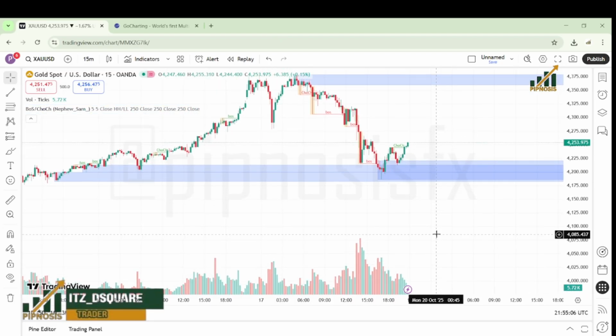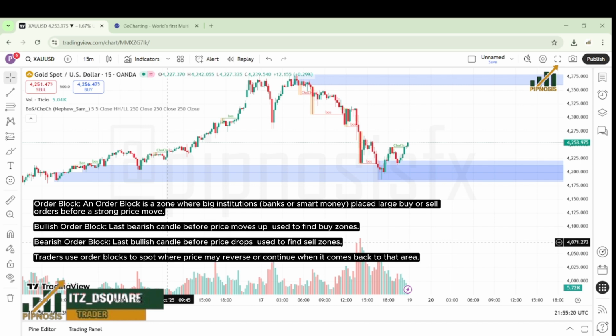Now I would look for OB levels, which is order blocks. This now brings us to order blocks. Order blocks are levels where bulk orders were being taken from, where buying and selling activities took place. So a high number of orders was taken in that zone.